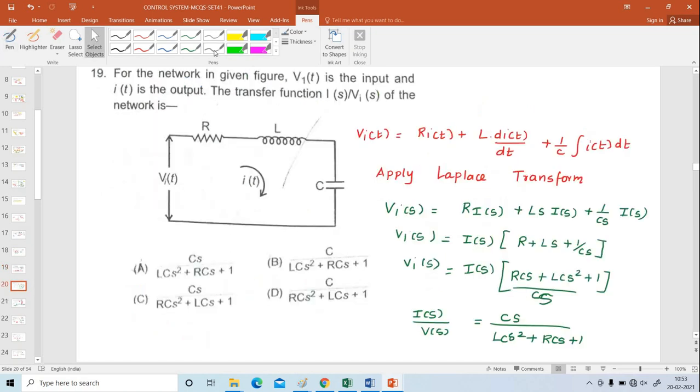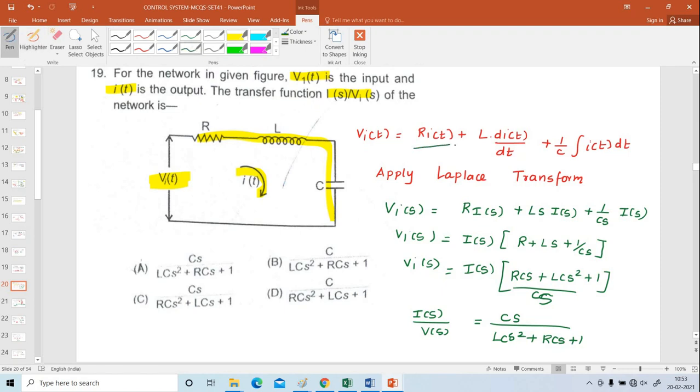Next problem. For the network given in figure, Vi of t is the input and I of t is the output. The transfer function I of s divided by Vi of s of the network is. This network is a simple RLC series network. The supply given is Vi of t and the current flowing through this is I of t. First of all, I am going to write the voltage equation.